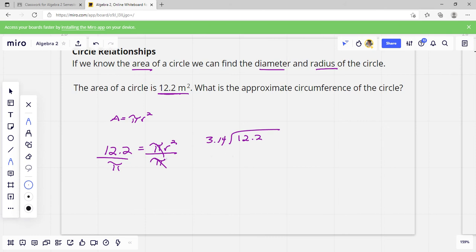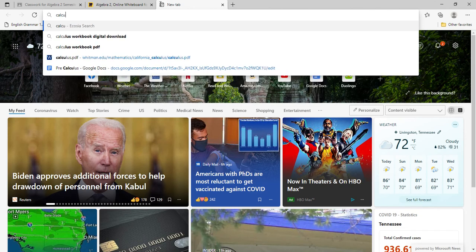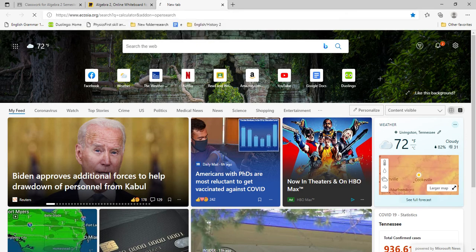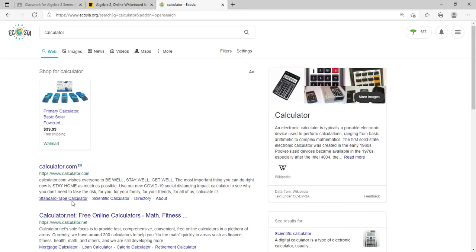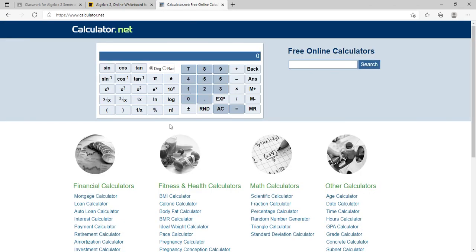And it is going to be, let's see, we would do that on a calculator. So let me pull up a calculator. Okay, so what we need is 12.2 divided by 3.14. If there's a pi button, you can use that.